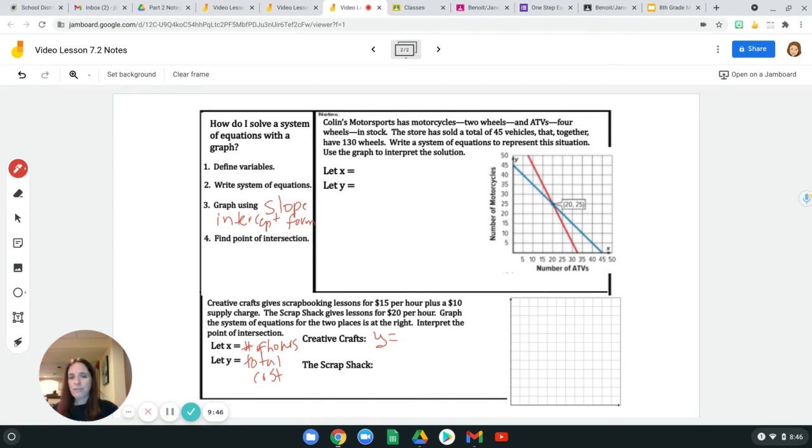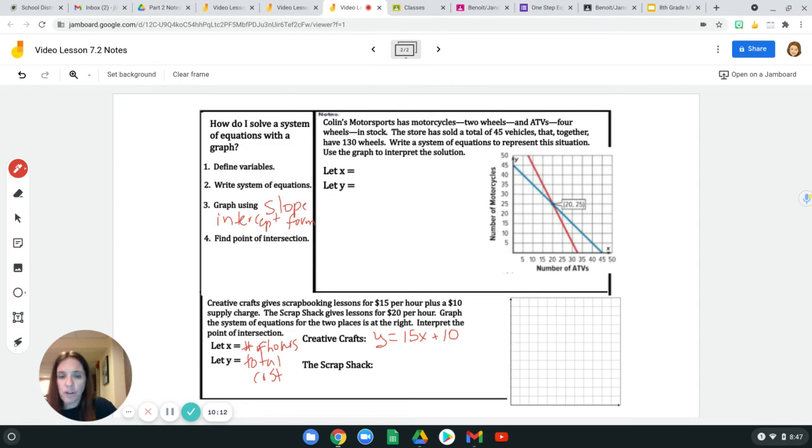Okay, at Creative Crafts, it's $15 per hour plus a $10 supply charge. So x is the number of hours. It's $15 per hour. So depending on how many hours you spend there, you're going to multiply that by 15. And then you're just charged an additional $10 for the supplies that you might need.